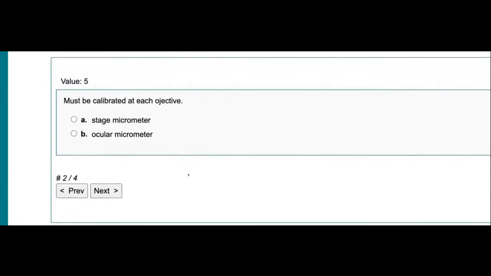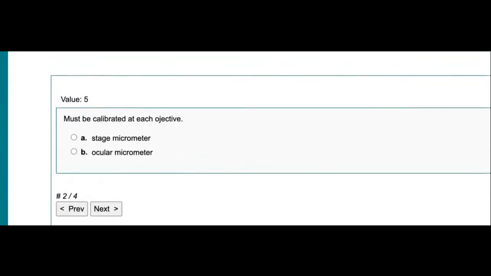So going to this next quiz question. What must be calibrated at each objective? So remember, your stage micrometer, that's the ruler built into the slide, is always going to have the same absolute distance. Well, it's a ruler, so that's what you're going to be using to measure.